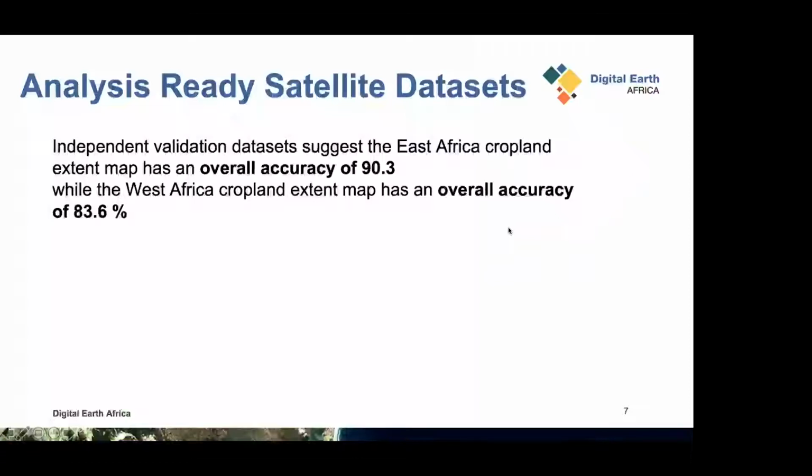So, the accuracies. We worked together with our partners within the continent, for both East Africa and West Africa, to develop the crop mask for that particular area. The data set that we used was Sentinel-2, and with it we were able to come up with an accuracy of 90.3% for the 2019 data sets for East Africa.